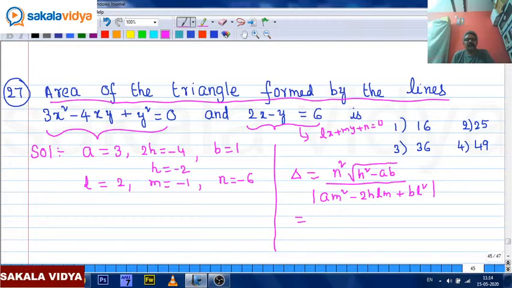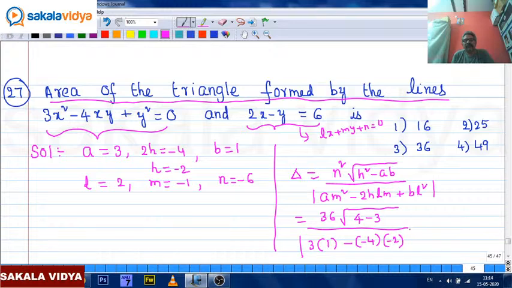This equals n square, means 36, root of h square, h square is 4, minus 3, upon a m square. A means how much? 3. M square is 1, minus 2h, minus 4, lm. Lm is minus 2, plus b l square. What is b? B is 1. L square is 4.